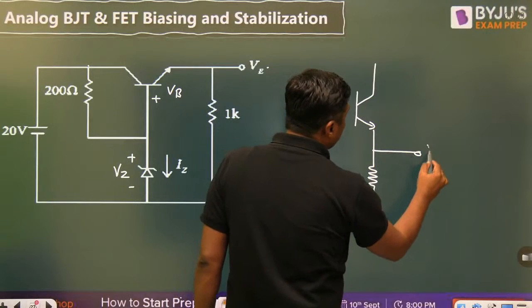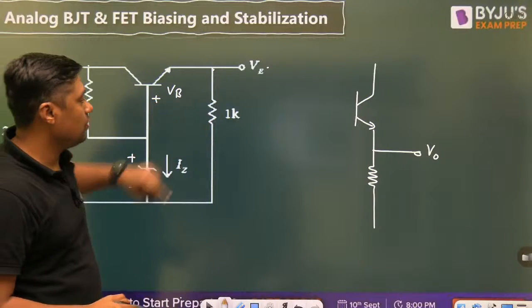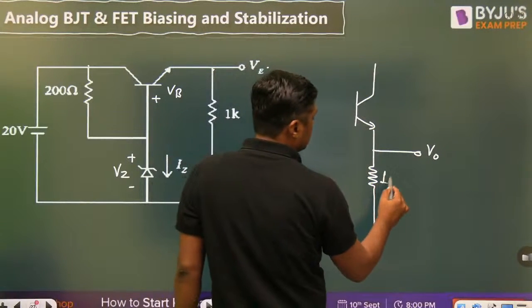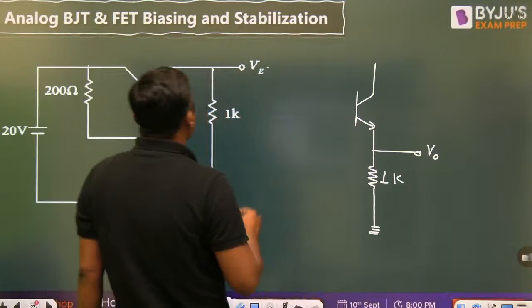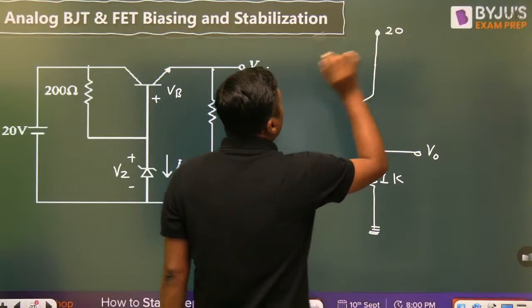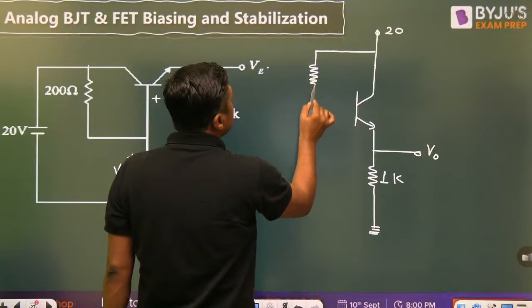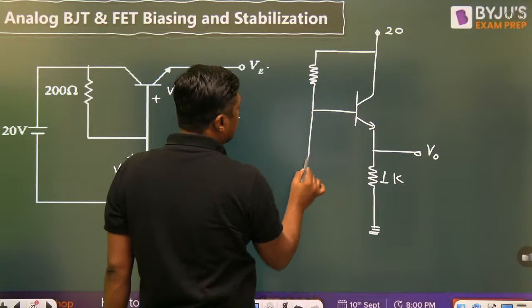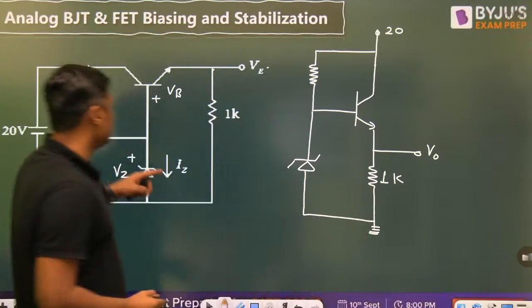We are taking output from the emitter, across the 1 kilo ohm, this is the RE. And this 20 volt is connected here. Now here we are connecting the R, and here we are connecting the Zener diode. Same diagram.